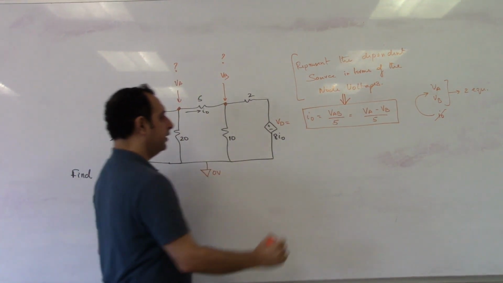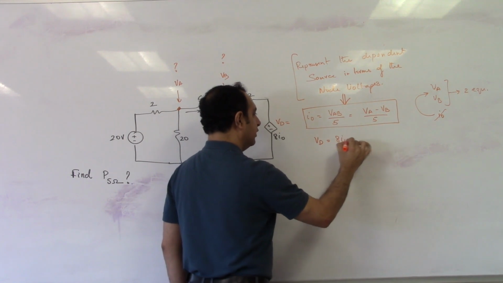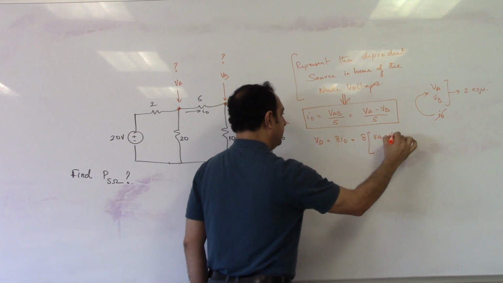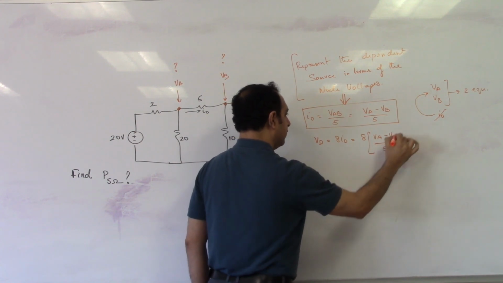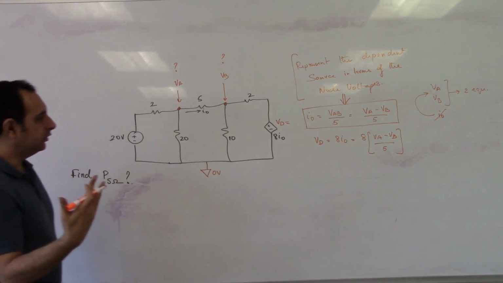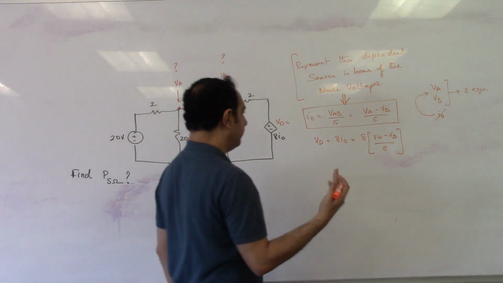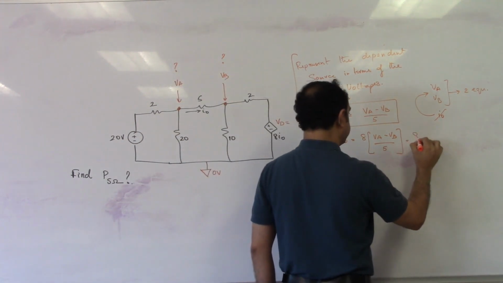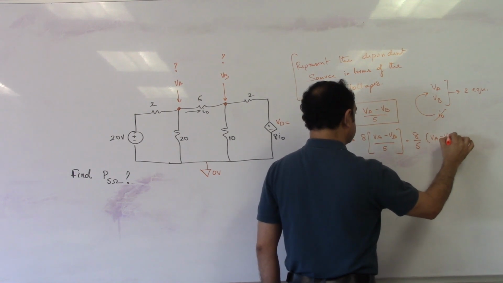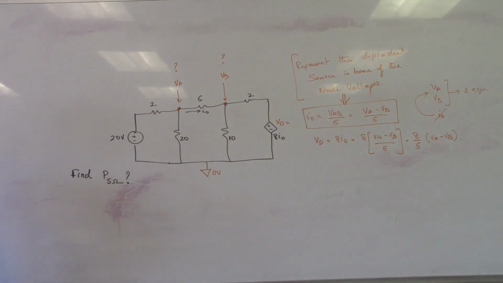So from here we can say VD, which was equal to 8 times I naught, is nothing but 8 times (VA minus VB) divided by 5. That will be equal to 8 over 5 (VA minus VB). So that is our VD.